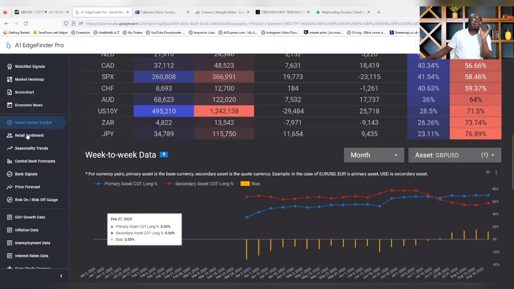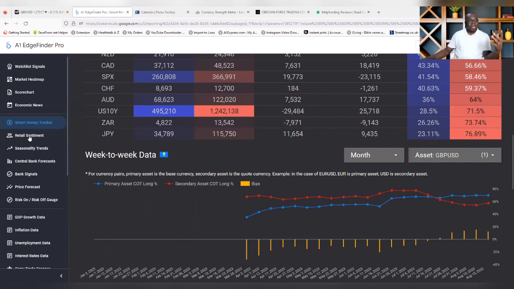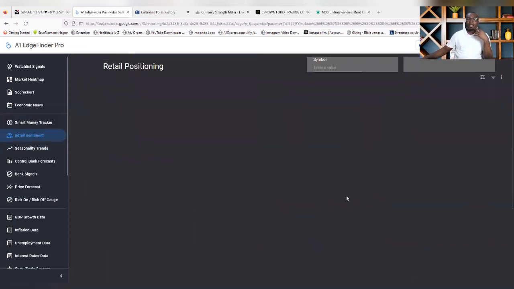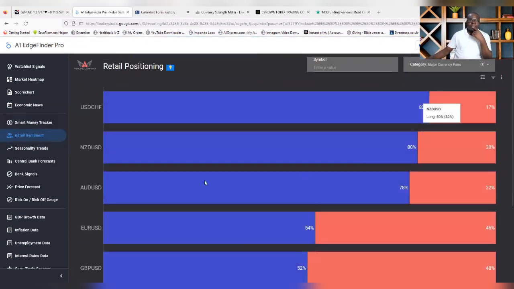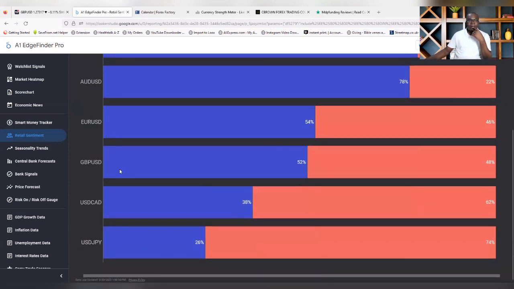So let's look at the sentimental and see exactly what we will be doing with this. On the sentimental, remember, we are going against the crowd. If we look at GU right here, right now, we can see British pounds at the moment is 50 against USD 49.